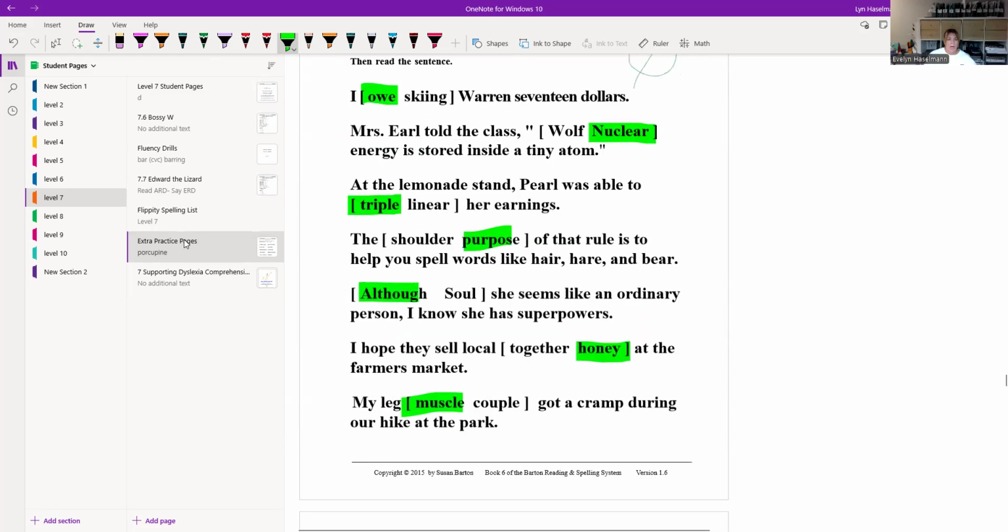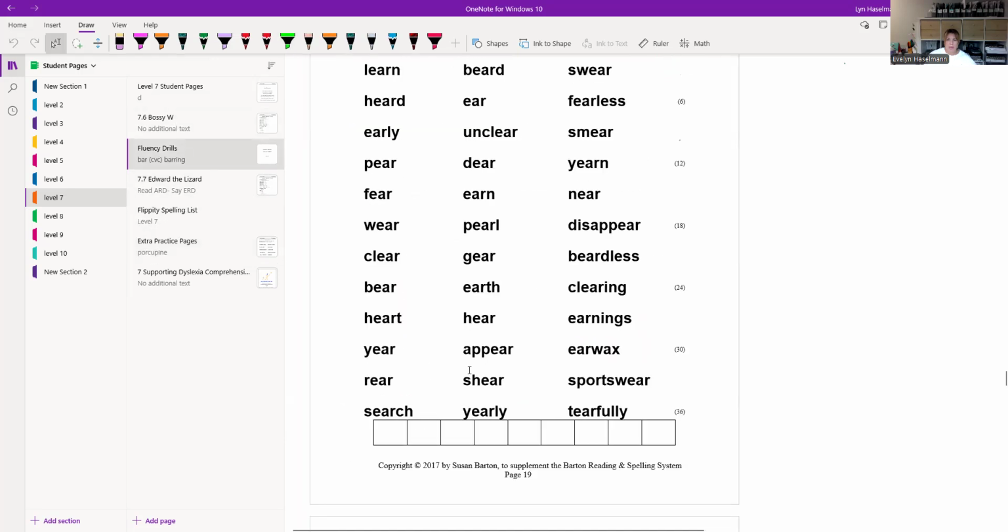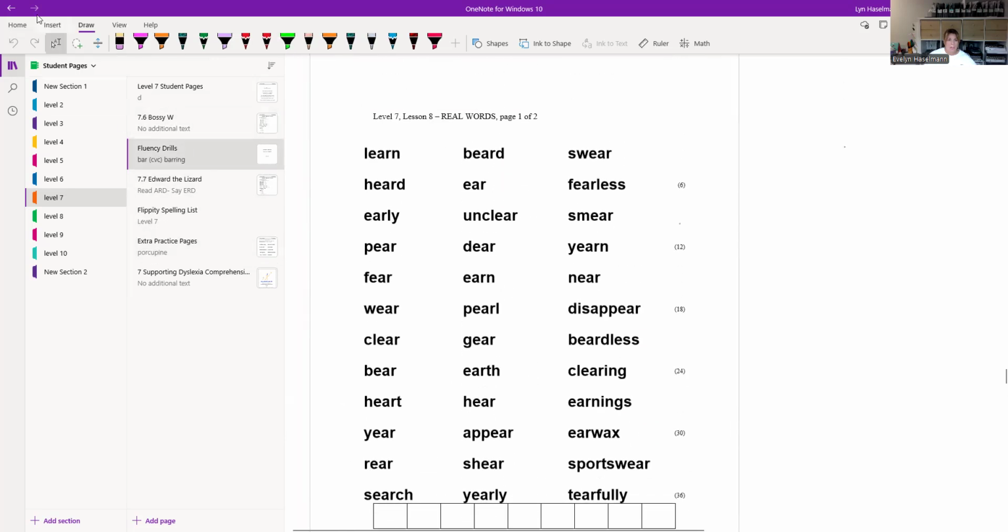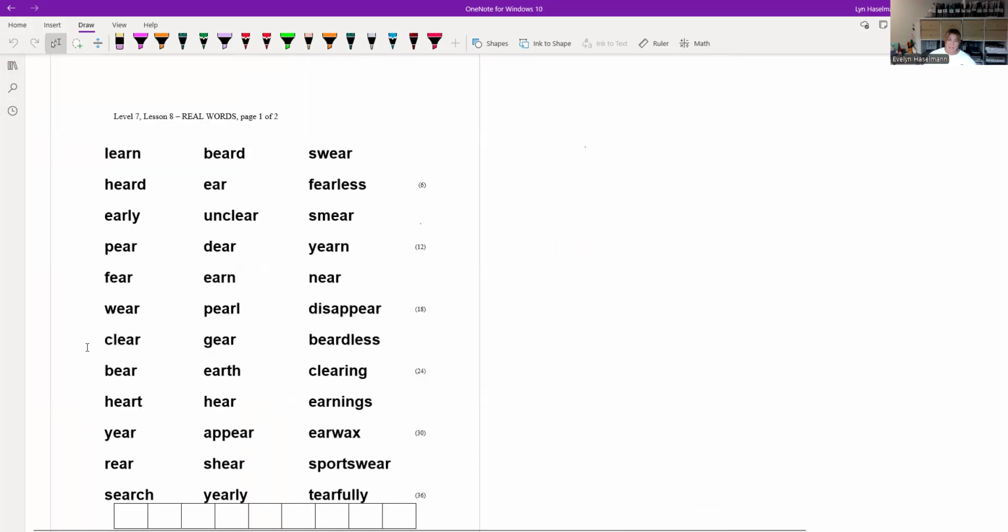That's it. And then fluency drills. You know, these are just going to be words that they're either going to struggle with or not struggle with. If they are struggling, I would just write on the top something like our little rule, like here and Earl's bear. Here, Earl's bear. And you could do heart or something.